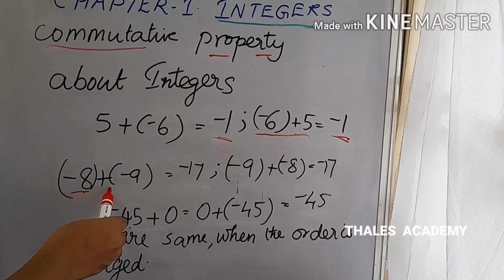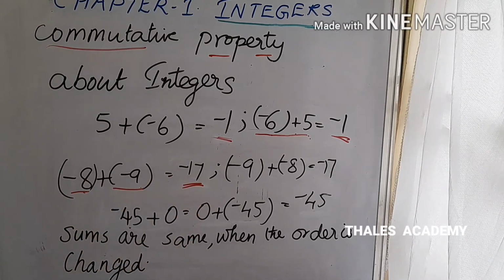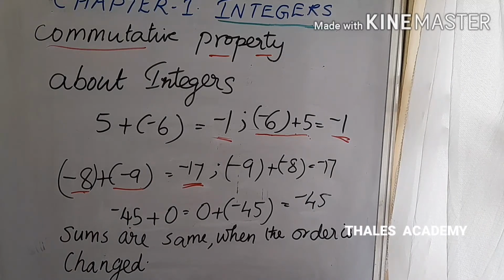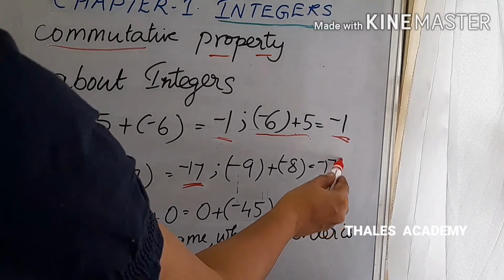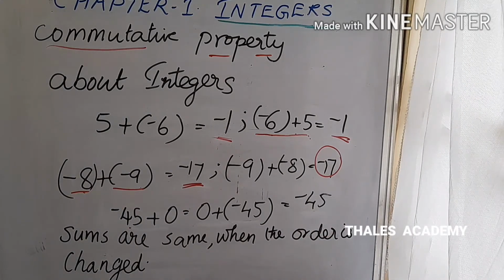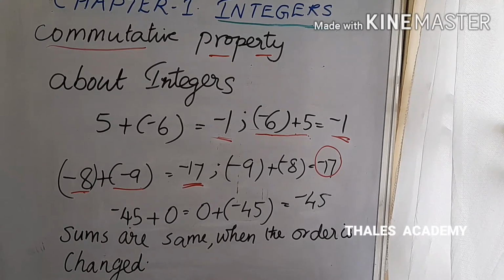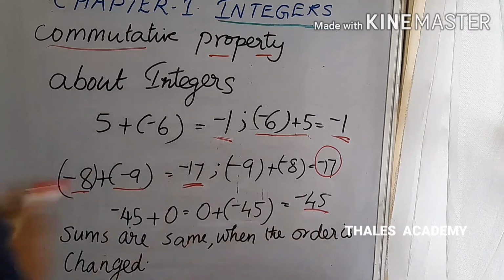Minus 8 plus minus 9, we get minus 17. Minus 9 plus minus 8, we get the same answer, minus 17. Minus 45 plus 0 equal to 0 plus minus 45, we get minus 45.